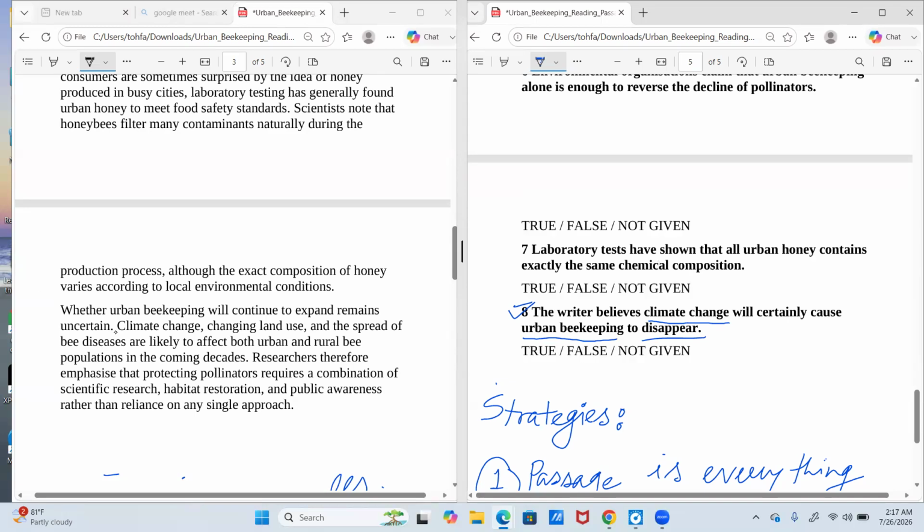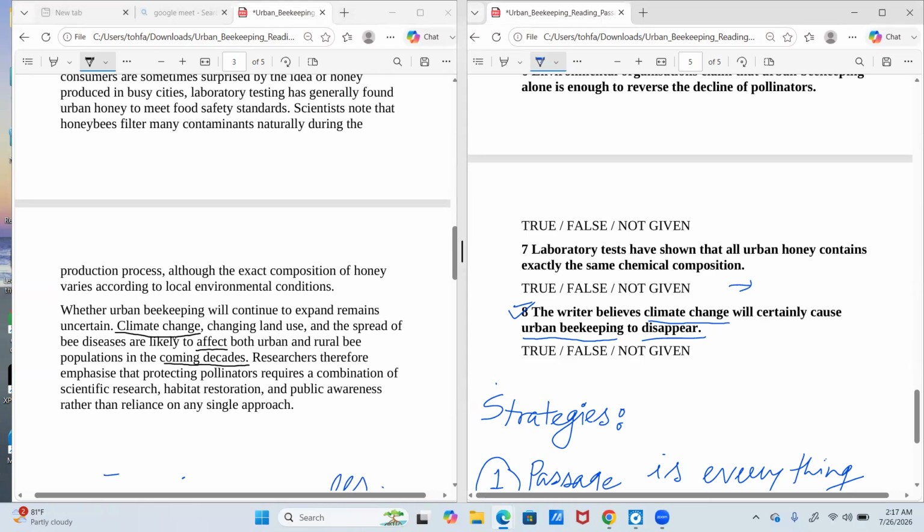We have found our words climate change, and we have found another word, effect. So cause and effect go hand in hand. So let's see what our sentence says. We can find it in the coming decades. Coming decades says something about the future, right? So this is the change about the future.